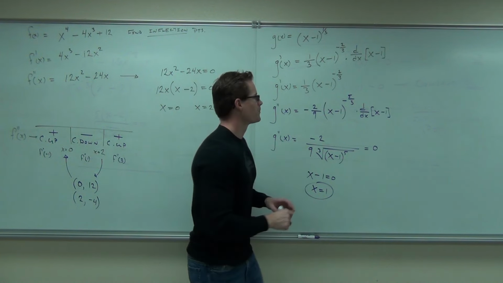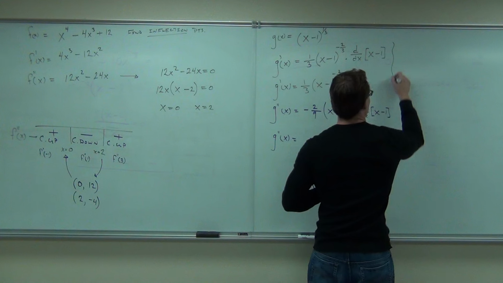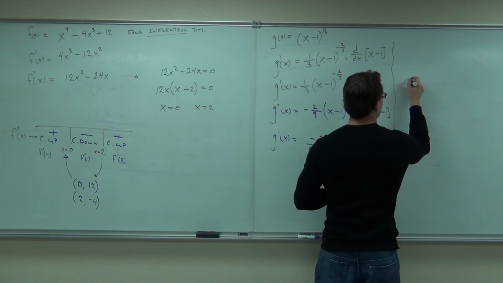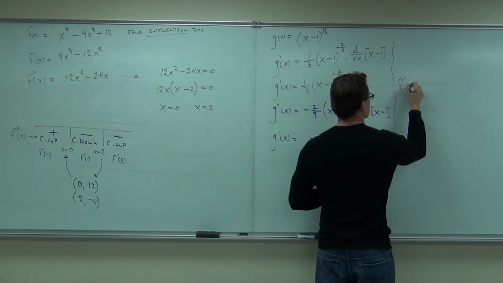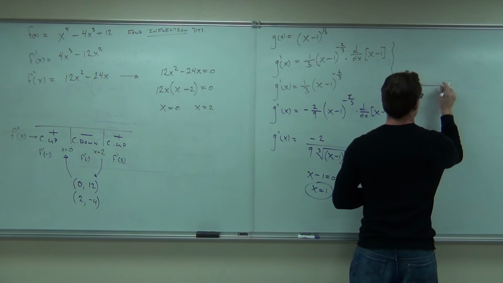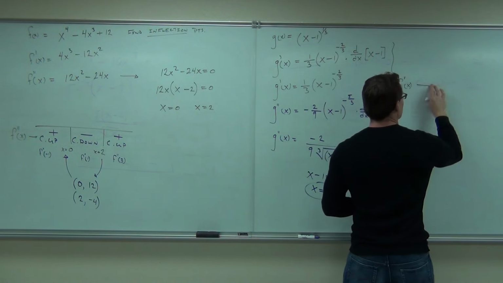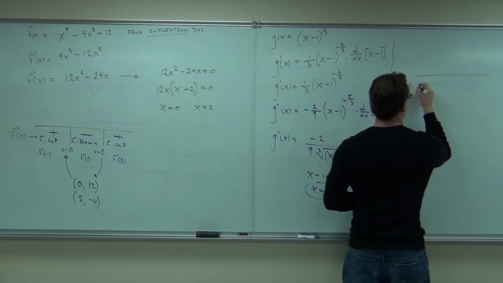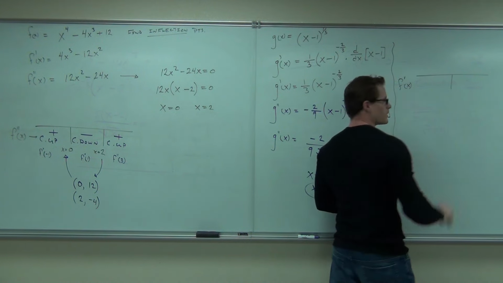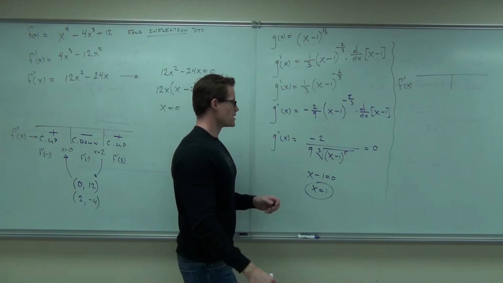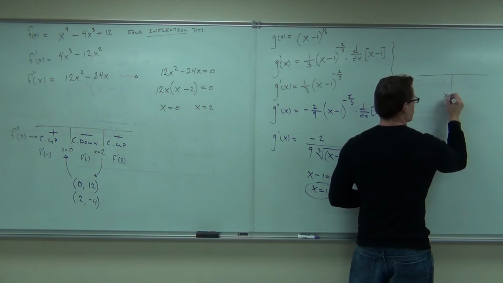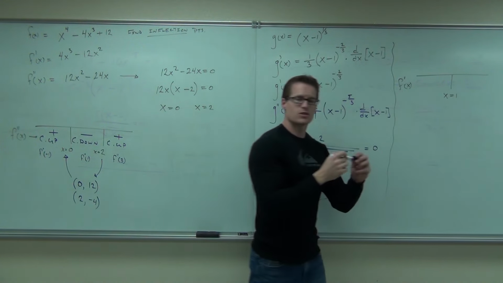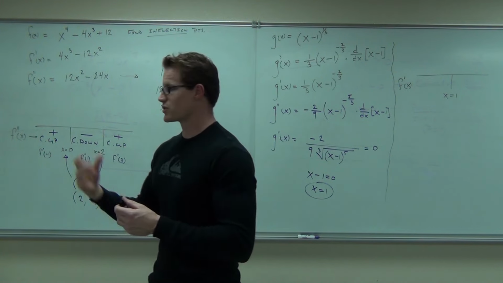Let's make our table up. Hold the straight line. There's only one number. So with our one number, x equals 1, that means there's only 2 intervals to check. We can check 0 for one of them.